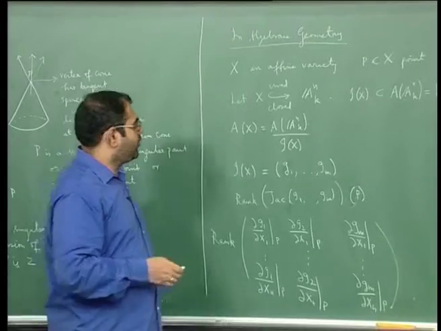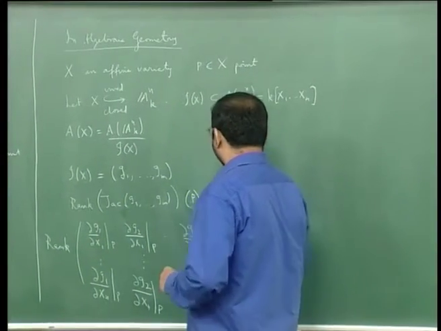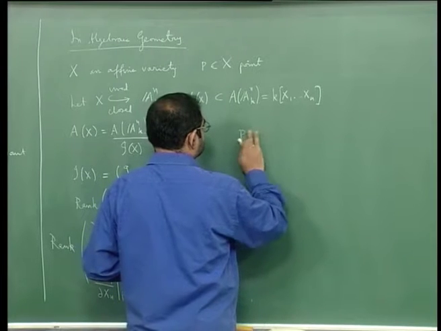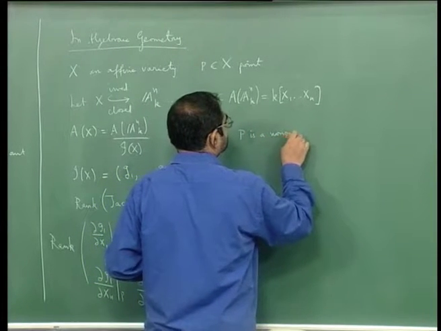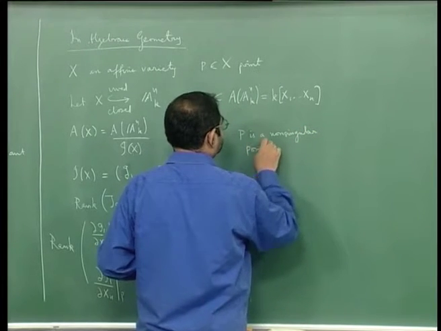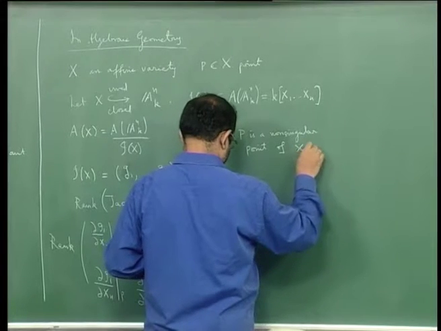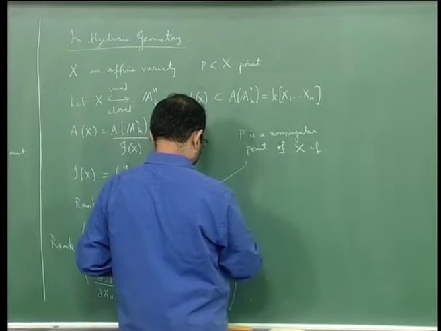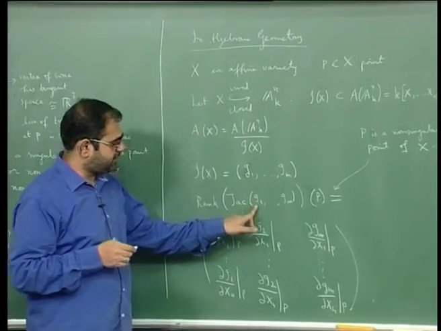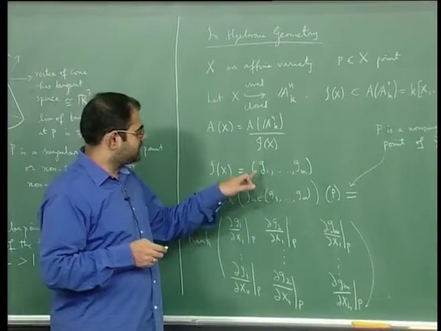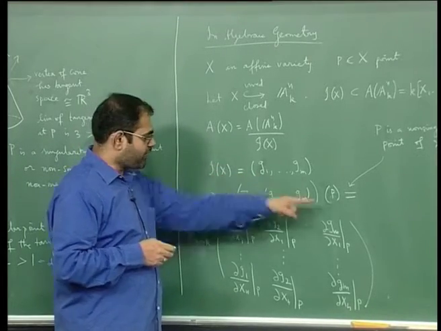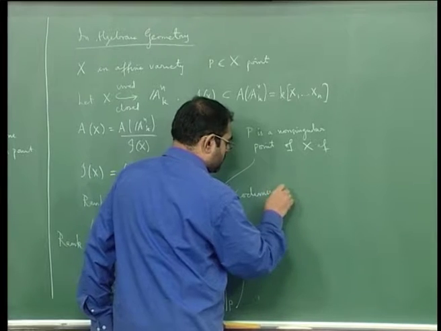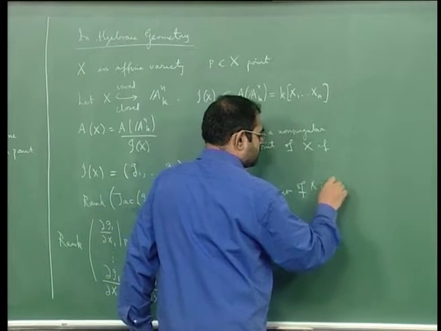We say P is a non-singular point of X if, and this is a definition, the rank of the Jacobian of the generators of the ideal of X at the point P is equal to the codimension of X in A^n. And what is codimension?